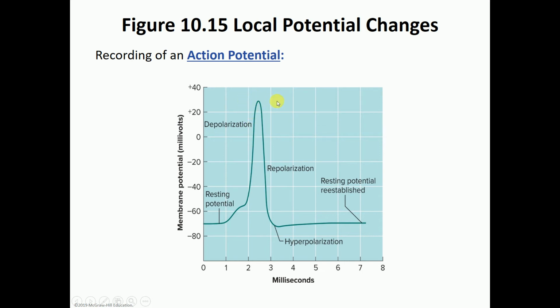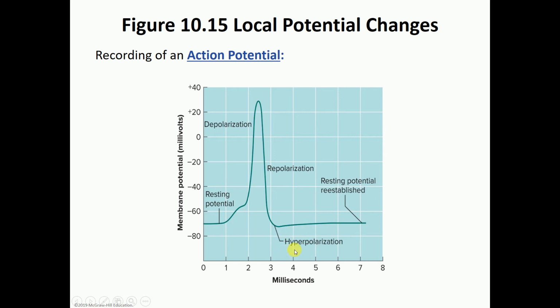When we reach +30, sodium channels are deactivated, and we open up the potassium channels. Potassium rushes out, escapes from the cell, and because the potassium ion channels close very slowly, they do lead to hyperpolarization.